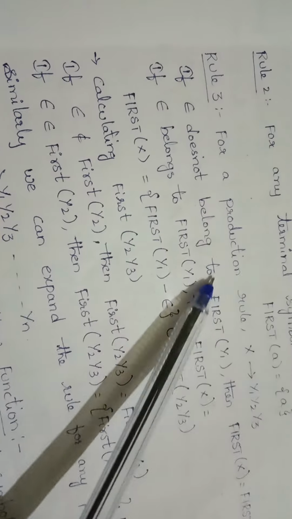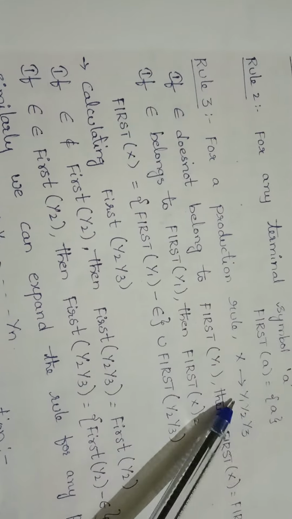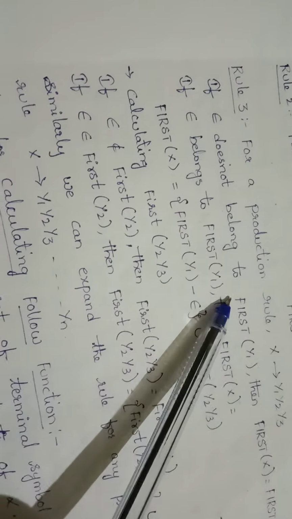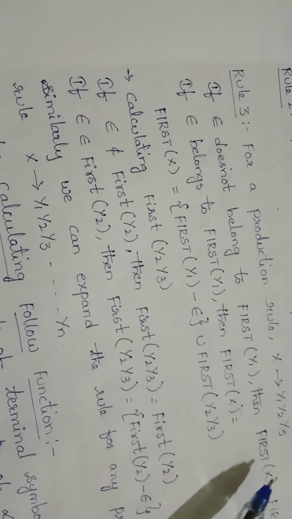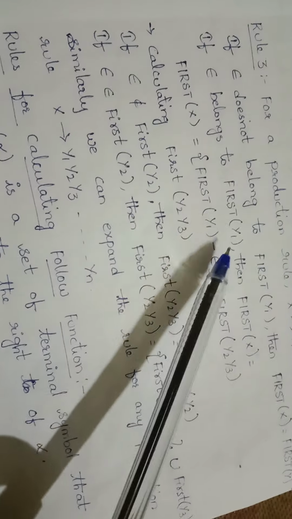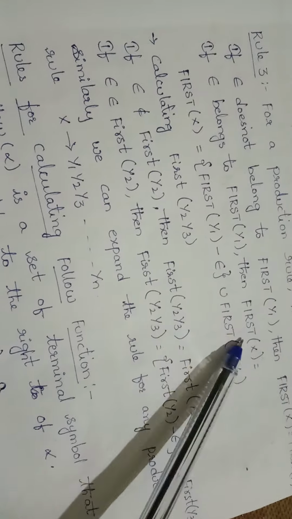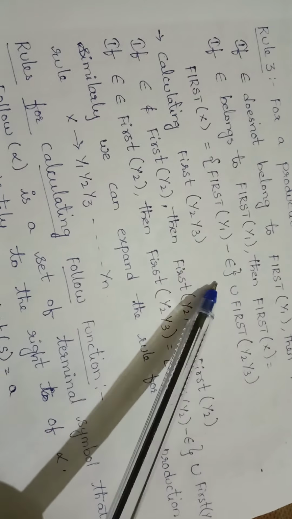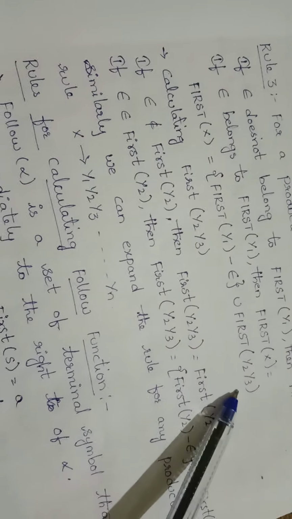Next, for a production rule of the form x tends to y1 y2 y3, if epsilon does not belong to first of y1, then first of x is equal to first of y1. If epsilon belongs to first of y1, then first of x is equal to first of y1 minus epsilon union first of y2 y3.